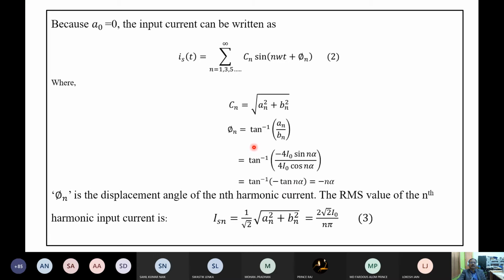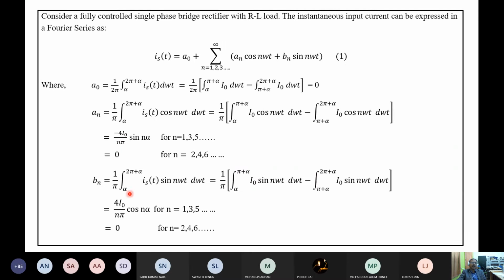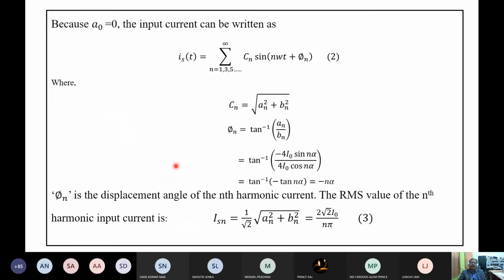So this is equal to tan inverse of an by bn. An, bn we have derived here. N pi gets cancelled. So it becomes tan inverse of 4 I naught sin n alpha by 4 I naught cos n alpha. So it is minus n alpha. N is the harmonic number. Here, if n is 1, then phi 1 is alpha. That is what we have seen. Full converter phi is equal to alpha. This phi 1 is alpha.